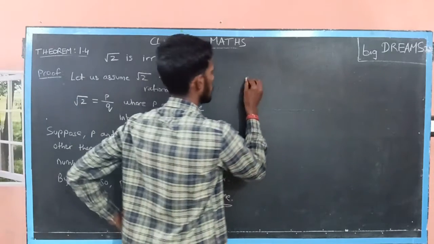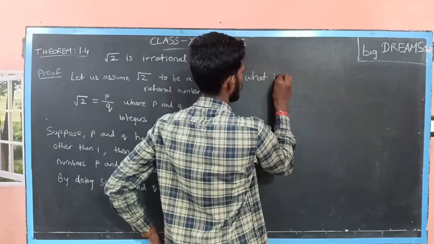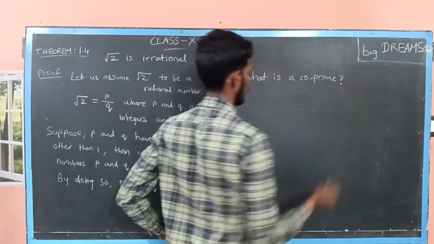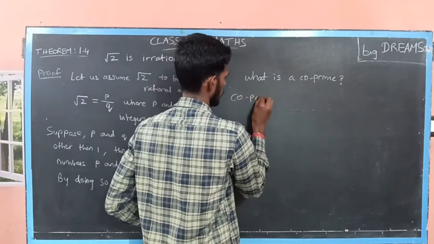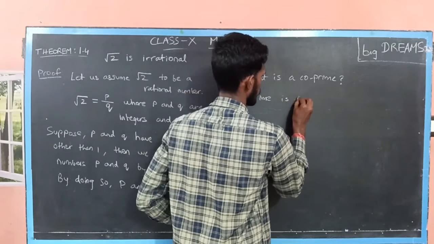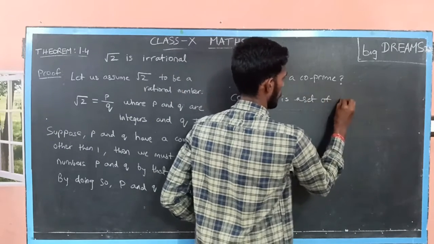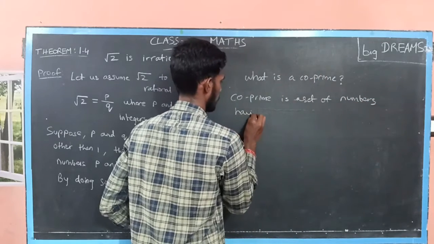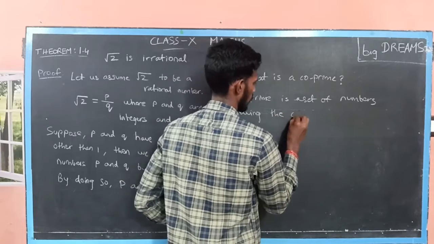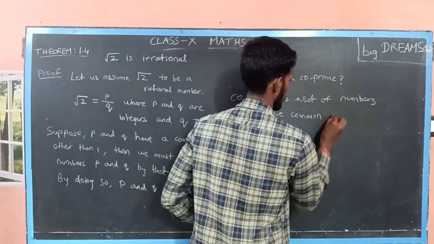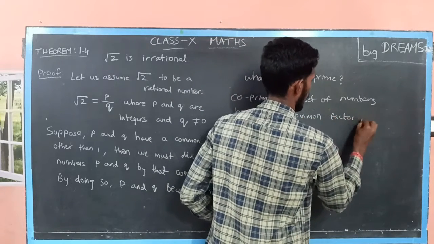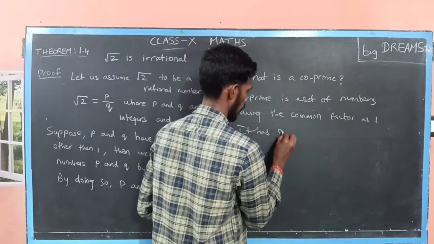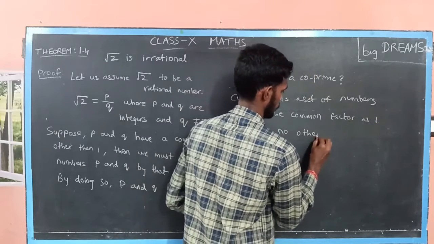For example, let me explain what is a co-prime. Co-prime is a set of numbers having the common factor as 1. It has no other common factor.